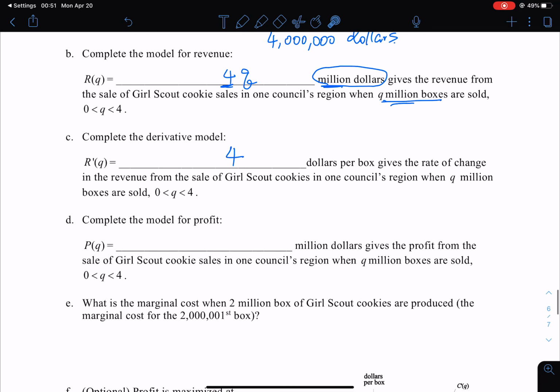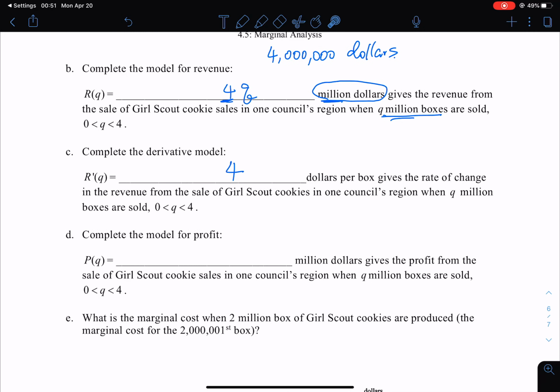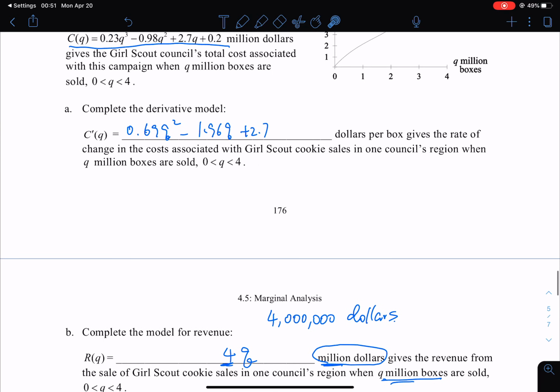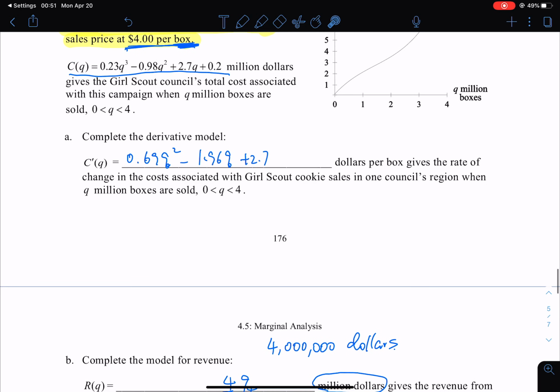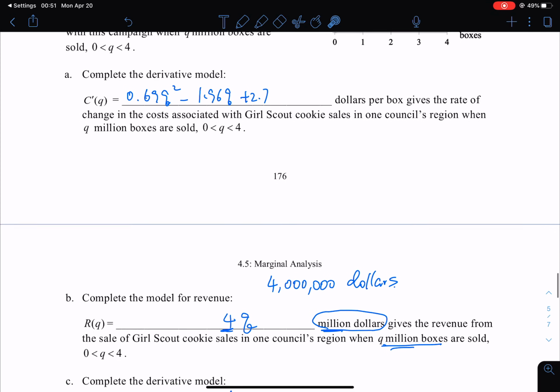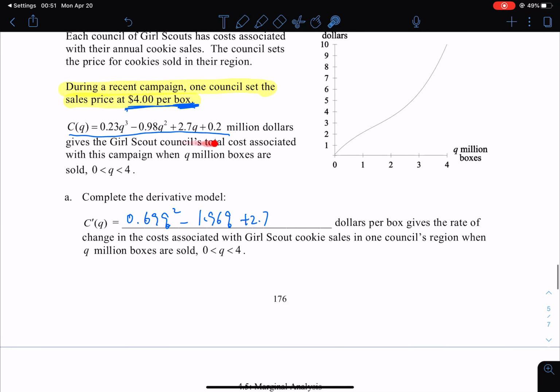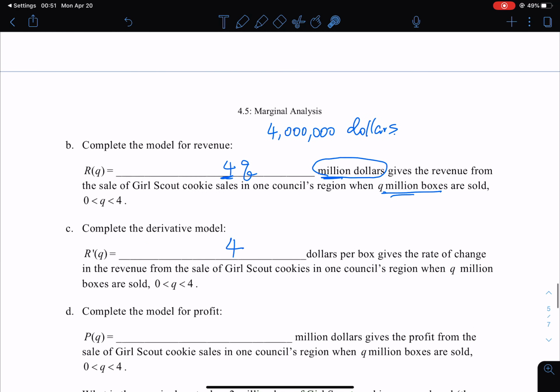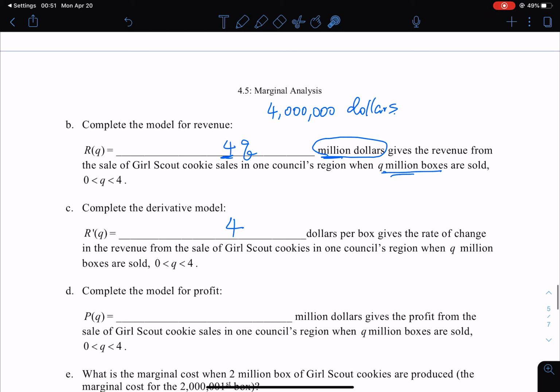And then next one, complete the model for profit. So B is actually the revenue. We only use B and C of Q, because C of Q gives the total cost, and R of Q gives the revenue. D is actually talking about the profit.